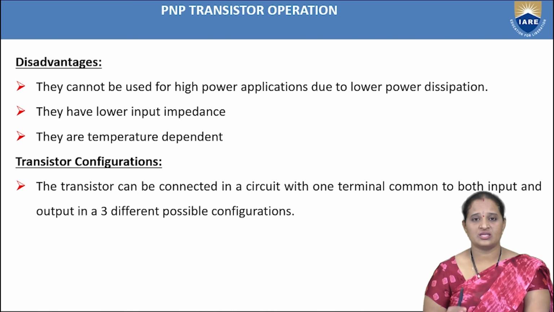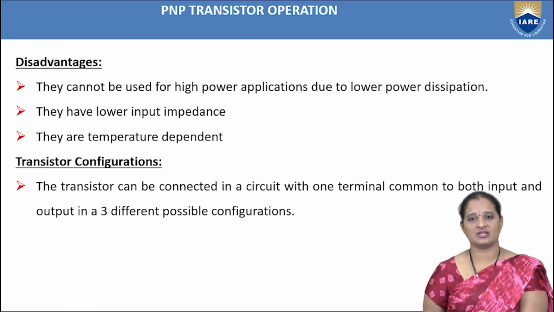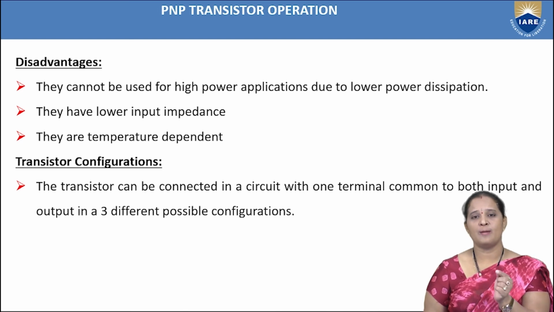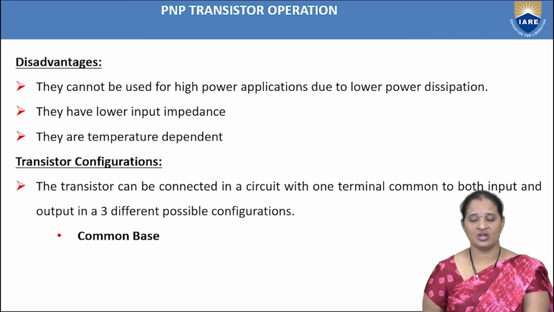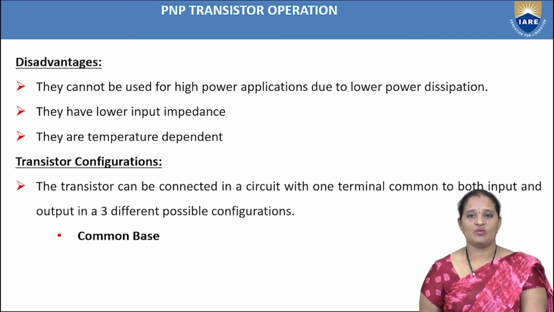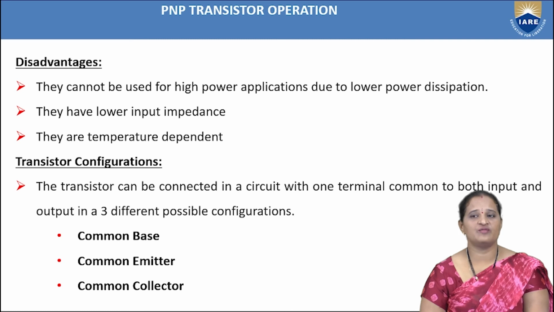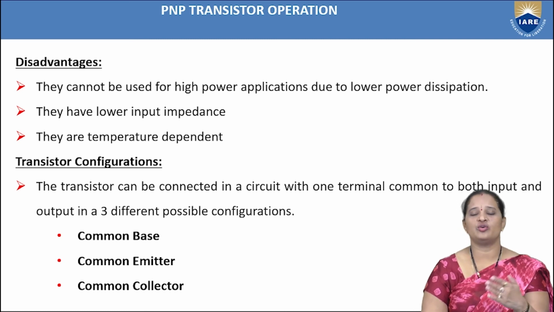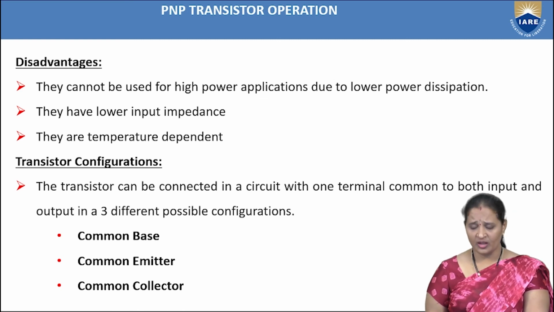So we can have 3 configurations: common base, common emitter and common collector. These are the 3 types of configurations in which we can connect a transistor in order to perform the amplification operation. I hope that is clear.